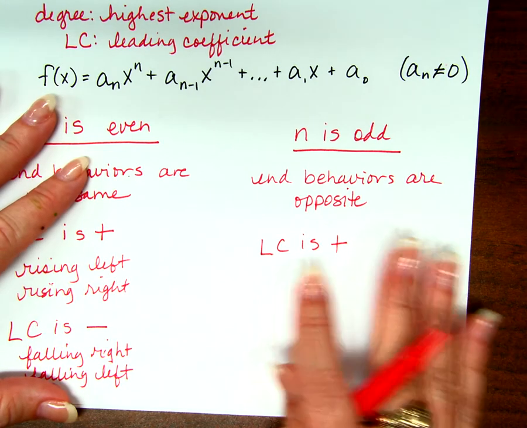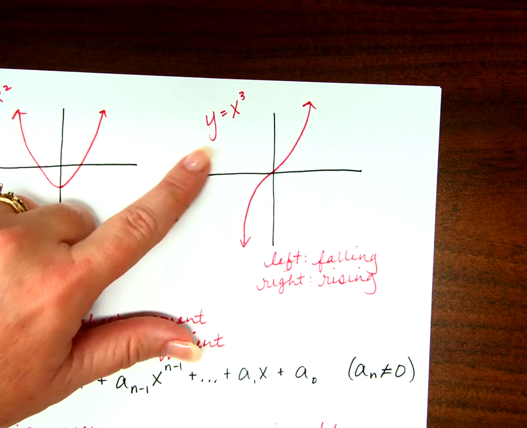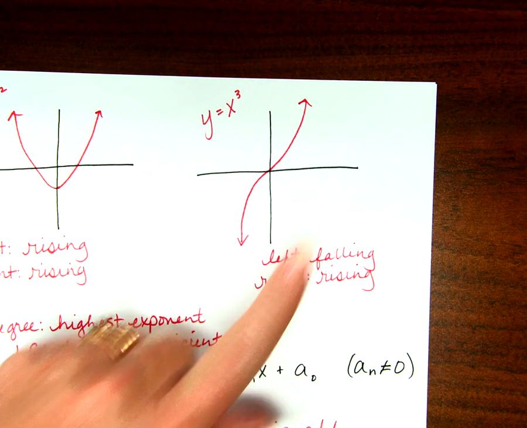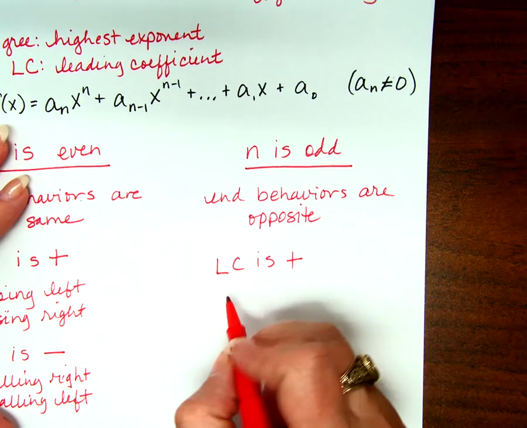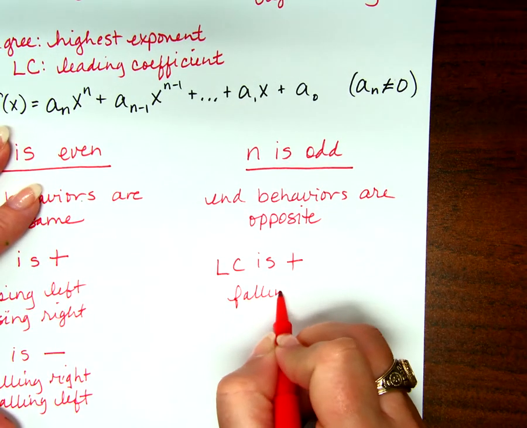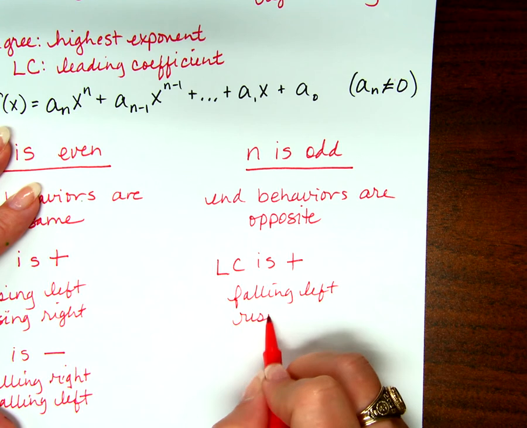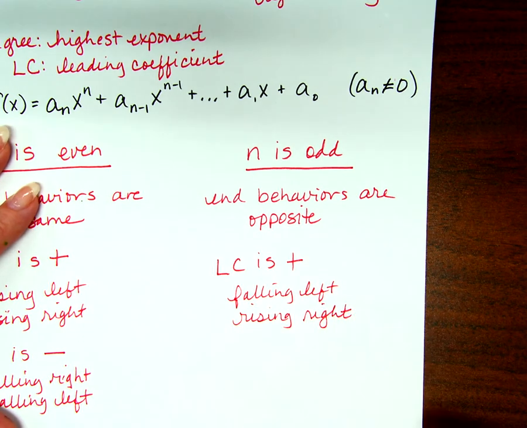What's happening to the left? What's happening to the right? Well, isn't this leading coefficient positive right here? Then tell me what's happening to the left and what's happening to the right. So falling left and rising right. Does that make sense?